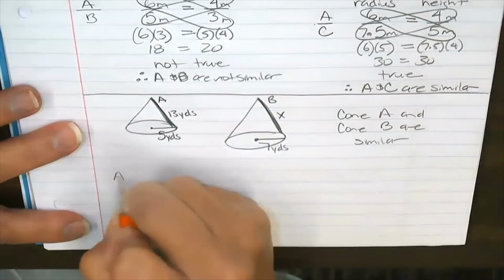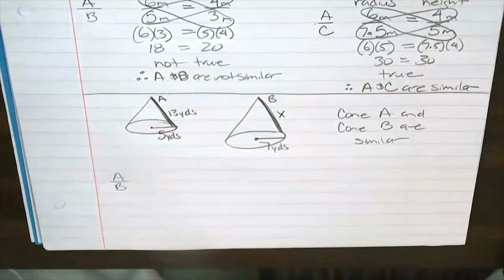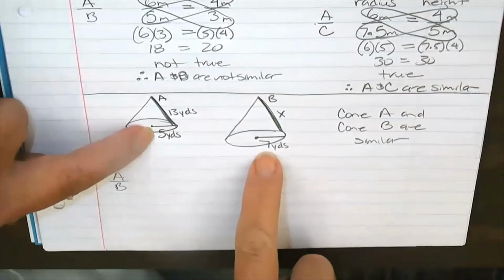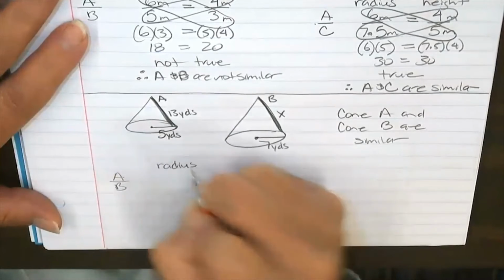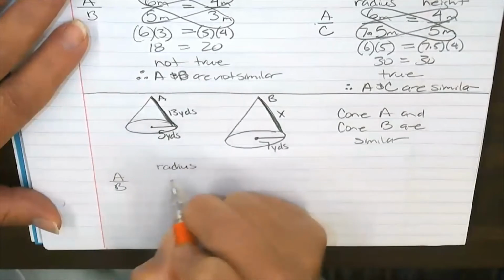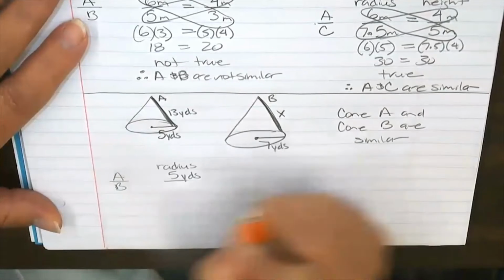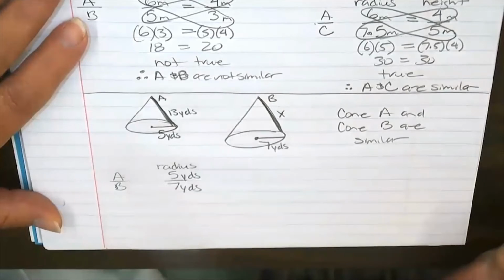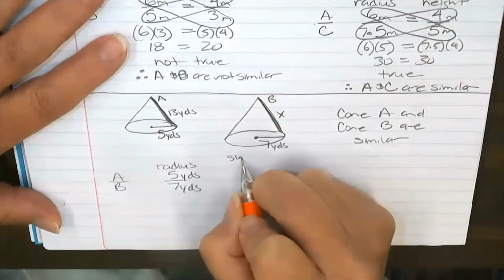So I'm going to put cone A over cone B, and I'm going to deal with what I know first. I know my radius, or radii. The radius of A is 5 yards, and the radius of B is 7 yards. Now let's deal with our slant height.